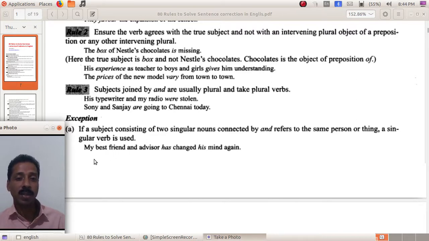One is his best friend, the other one his advisor. And if it is two people, this verb will become plural, have. And here the pronoun also will become plural. But in the given sentence, both things referred to there refer to the same person, so a singular verb is used.